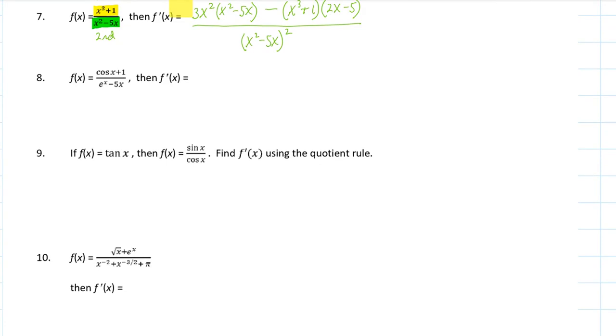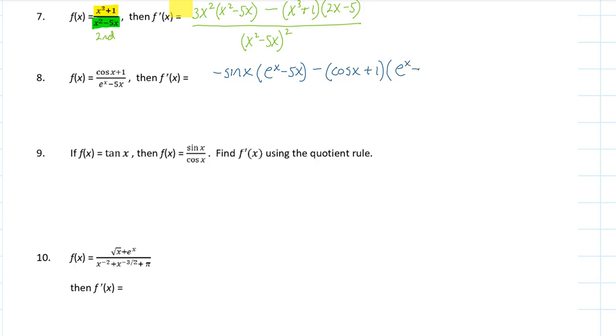Derivative of the first. The derivative of cosine is negative sine x, but the derivative of 1 is just 0, so I don't need to worry about the plus 1. Times the second, or the bottom, that's e to the x minus 5x. Minus the first, cosine of x plus 1, times the derivative of the bottom, that's e to the x, because e to the x has its own derivative.